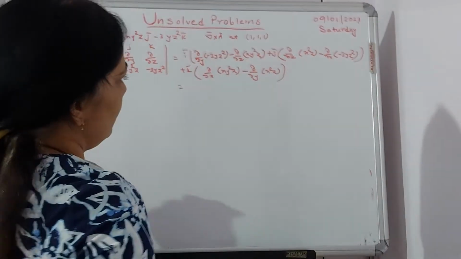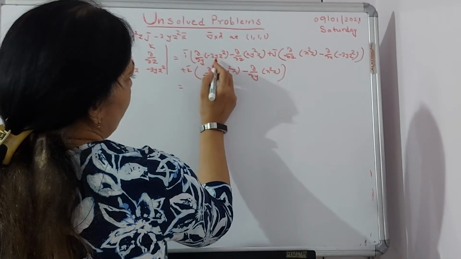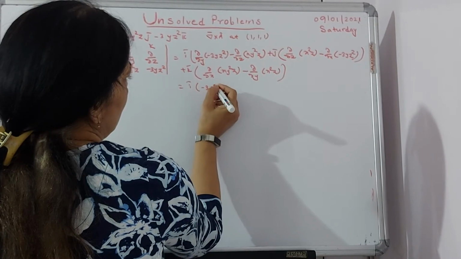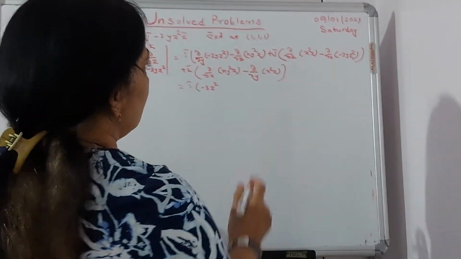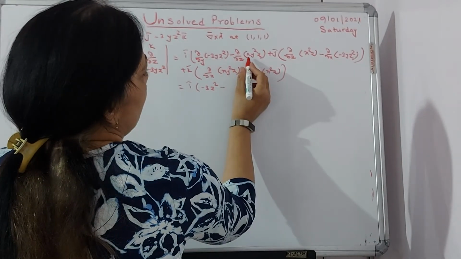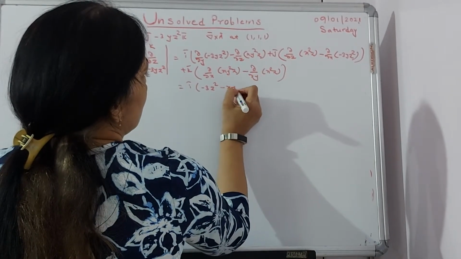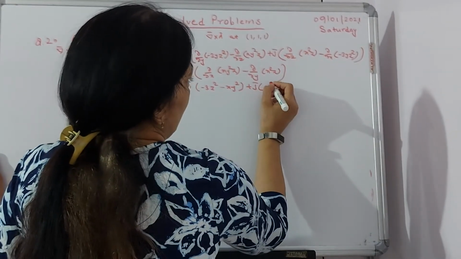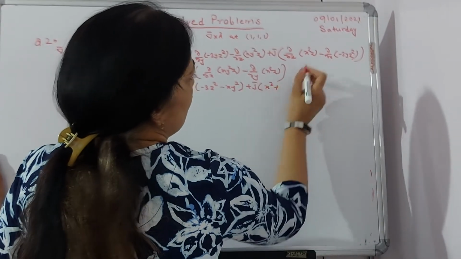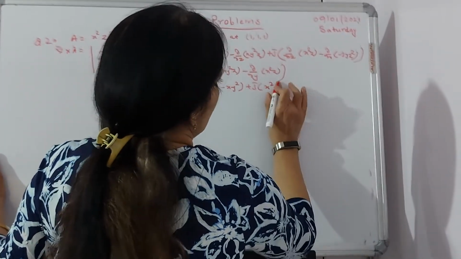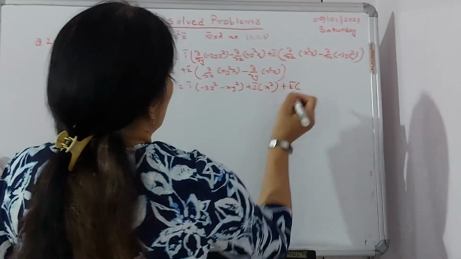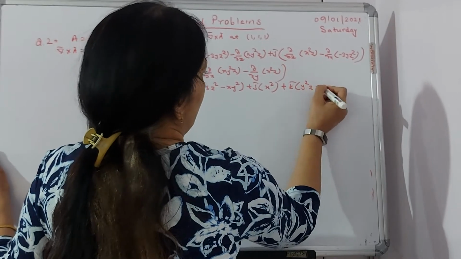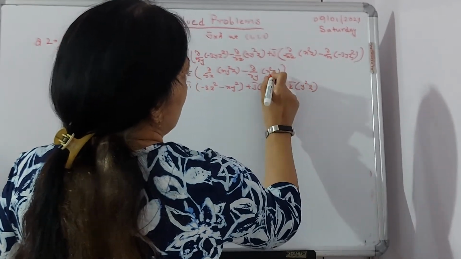Simplify this. So in the first term, y will be 1, so we have i inside the bracket minus 3z square. Correct? Here what we have, z is 1, so minus x y square, plus j times, here it is x square, and here it is minus, plus, but there is no x term, so only x, plus k times, here it will be y square z, minus then nothing, because there is no y term.